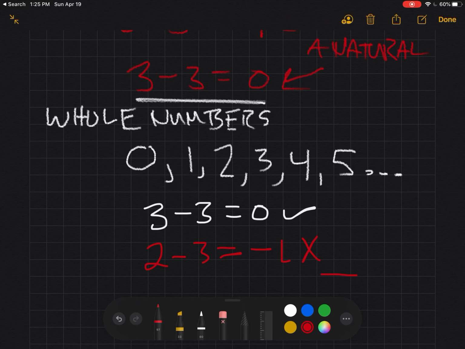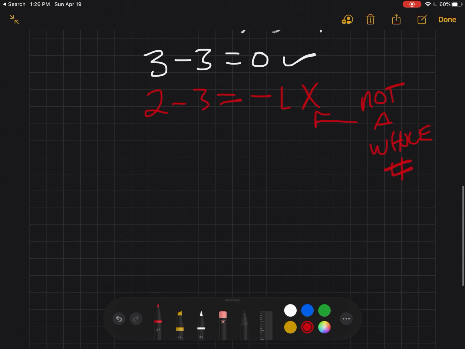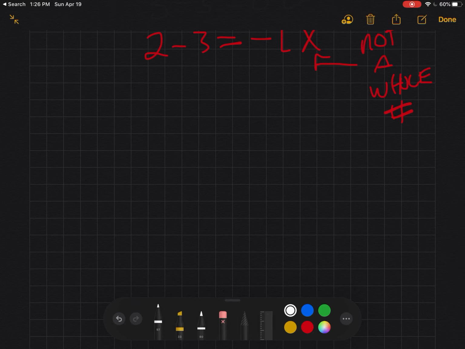When I have a whole number, the only thing I'm adding is just adding in the 0. Now I can say 3 minus 3 is equal to 0. That's fine. But I still can't do something like 2 minus 3. That would be -1. And that's not a whole number.